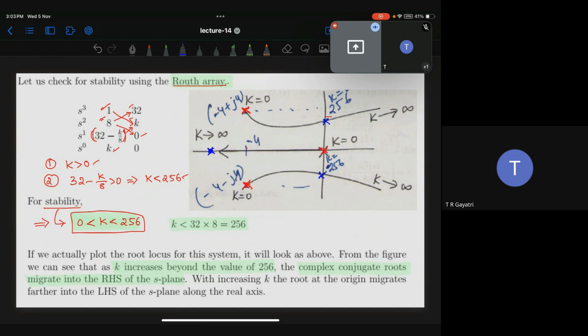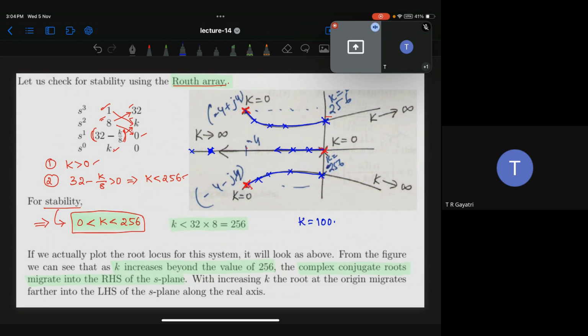In between, if you take any value, let's say k is equal to 100, you will get one pole here, another pole here, another pole maybe here. If you keep on taking the k value as 1, the poles will be like this. K value as 2, the poles will be like this. It means that as you increase the k value between 0 and 256, the pole location changes like this.